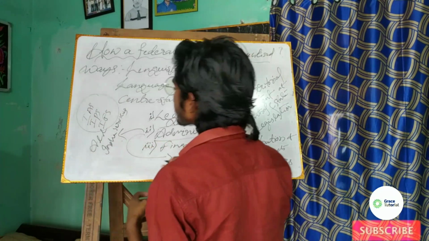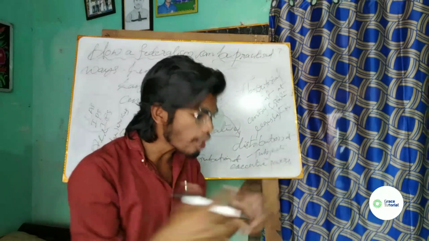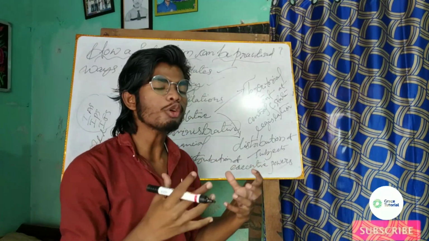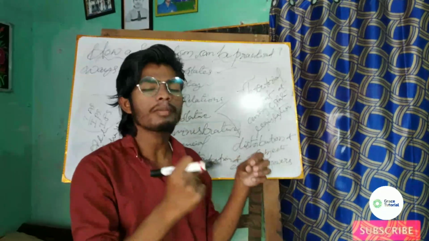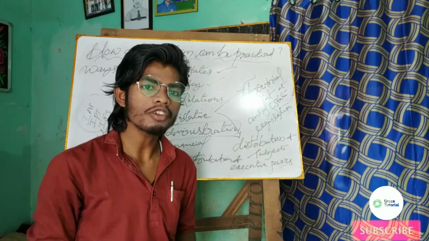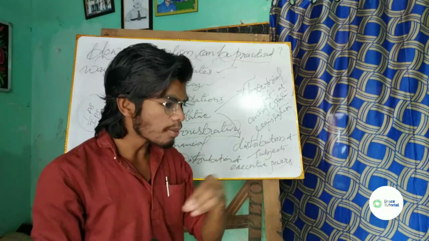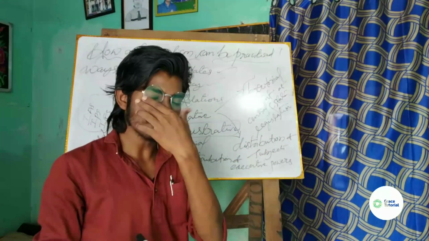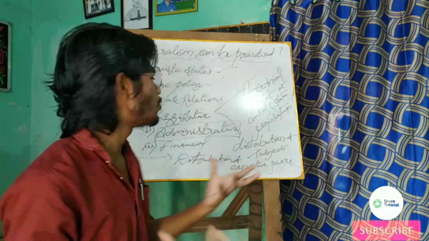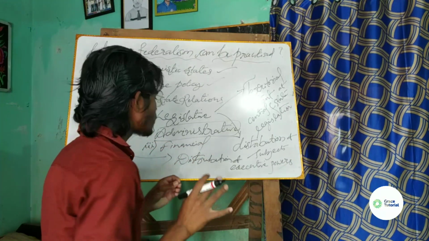These are the services in which both the center and the state government jointly work. That means these services are controlled jointly by both the central government as well as the state government. But the ultimate control lies with the central government, though the state government also has a say on these services. That is all about the all India services.